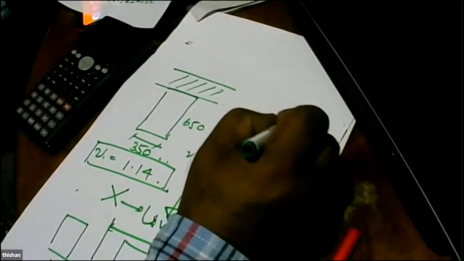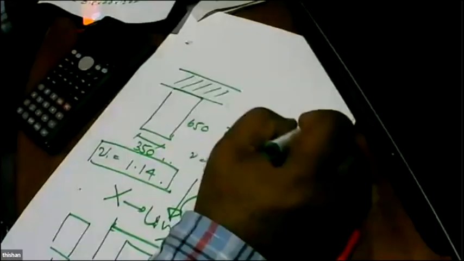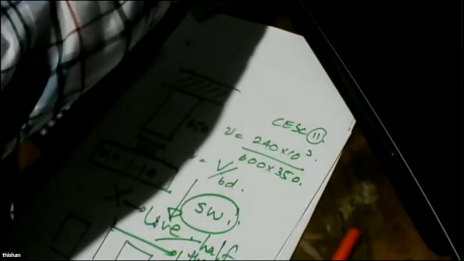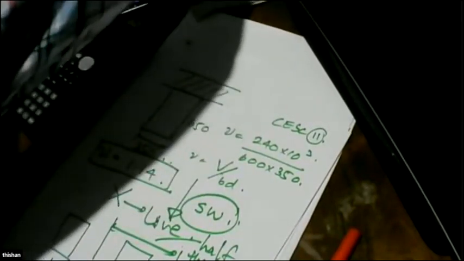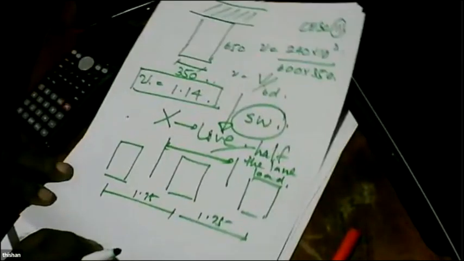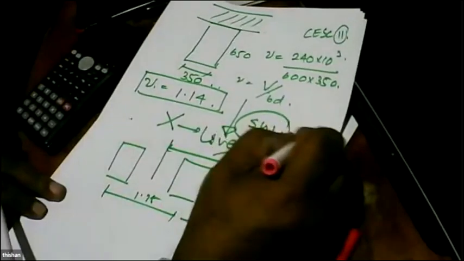Self weight is kept as low as possible. And in doing so, we are optimizing the structure to the level that it becomes fairly economical, because we have removed a huge penalty associated with self-weight.